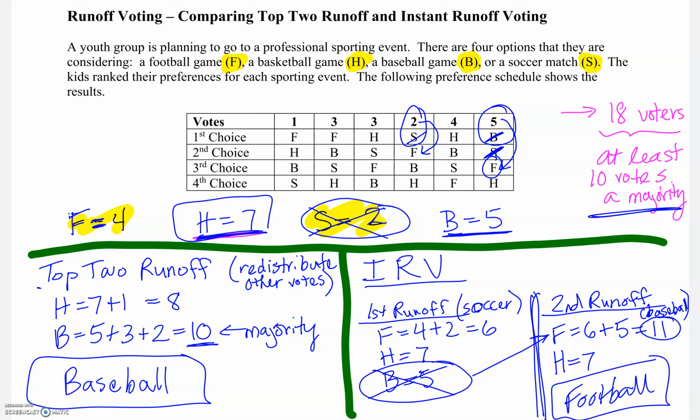In top 2 runoff, we go to a single runoff with just 2 candidates. So think top 2 candidates. With instant runoff voting, you actually have a series of runoffs until someone gets a majority. In that series, you only eliminate 1 candidate at a time. So there's an example of the 2 runoff methods, and I hope this kind of clears up the difference between the 2.